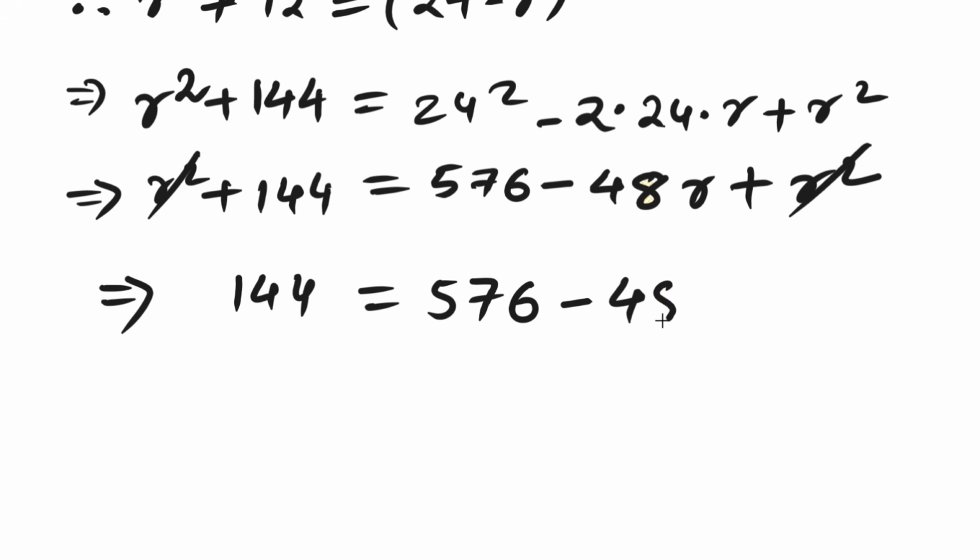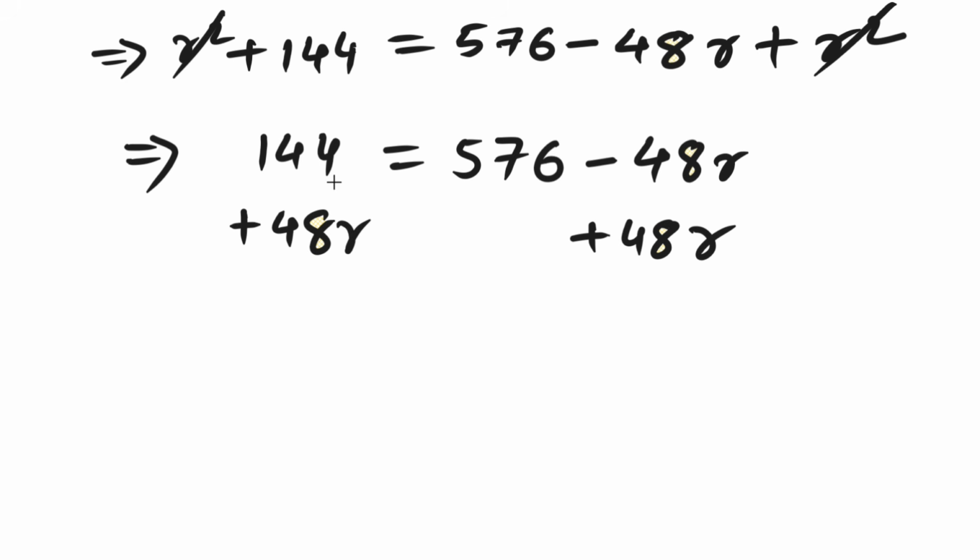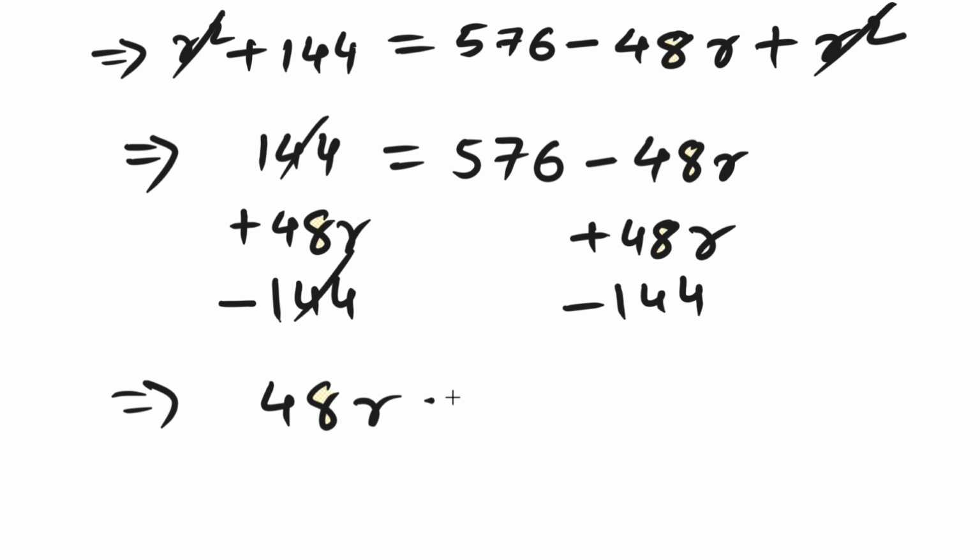Now we want to isolate r. Let's move the term involving r to the other side. We can do that by adding 48r to both sides. At the same time, we can move 144 to the right side by subtracting it from both sides. This gives us 48r equals 576 minus 144.